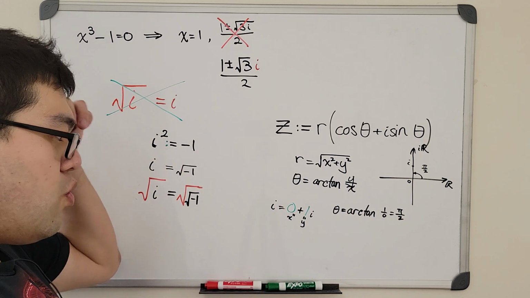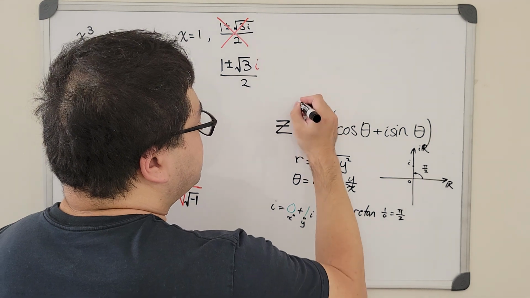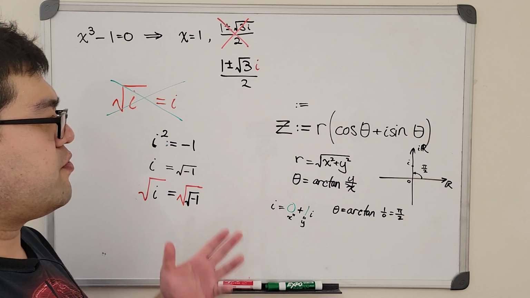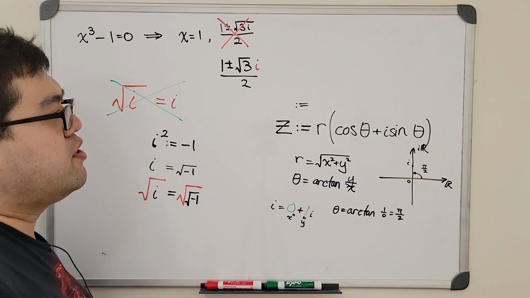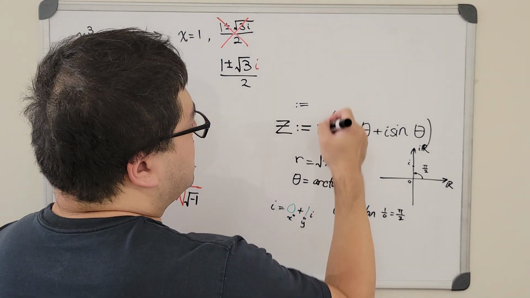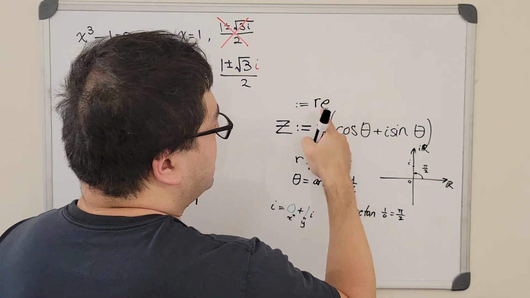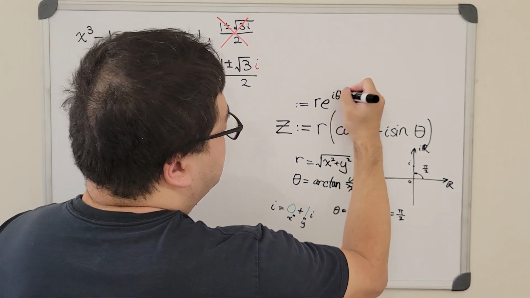So why does it matter? Because using the third expression of a complex number, we can rewrite it as r, the radius, times e to the i theta.